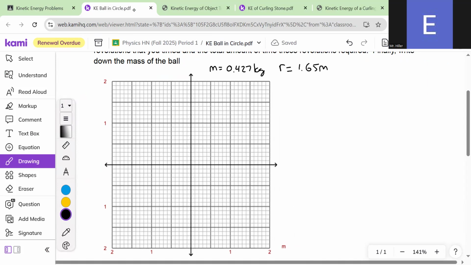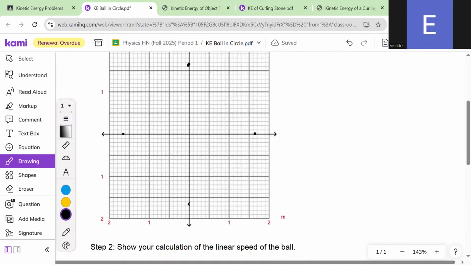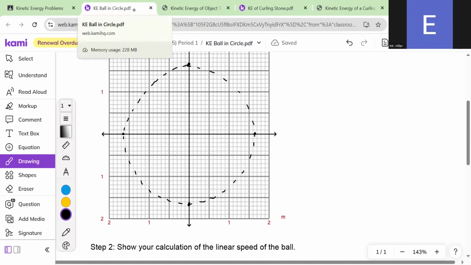Okay, so now we need to get the time in a circle. We need to get the time that it takes the ball. My ball is here. Okay, and go ahead and complete that same radius all the way throughout. Okay, so it's going to do that.